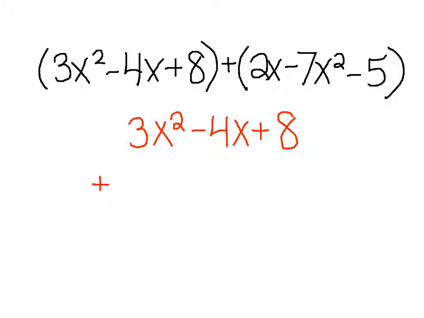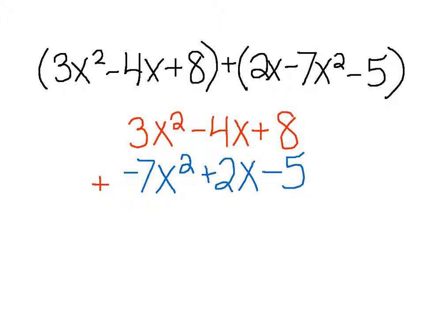However, don't forget that there's this negative here. So it's negative 7x squared, not just 7x squared. So I'm going to put that first and have negative 7x squared. Next, I want my x, so I'm going to have plus 2x. And finally, I'm going to have my negative 5. When we add these two together, we have 3 minus 7, which is negative 4.